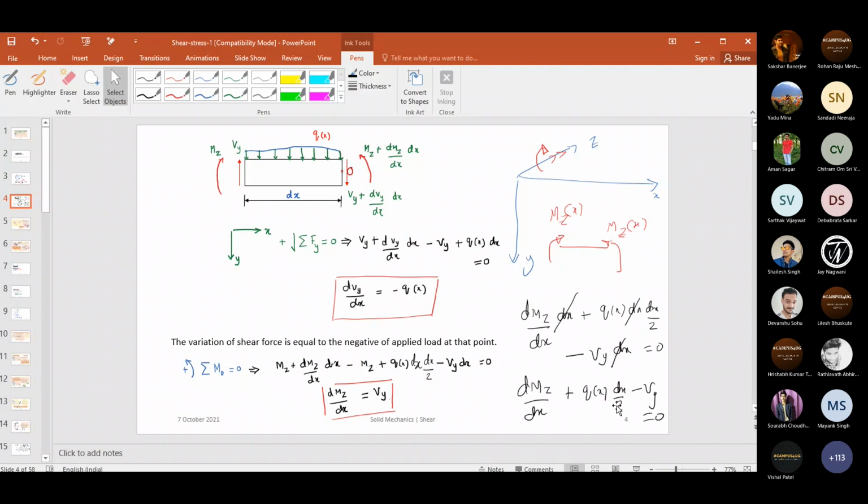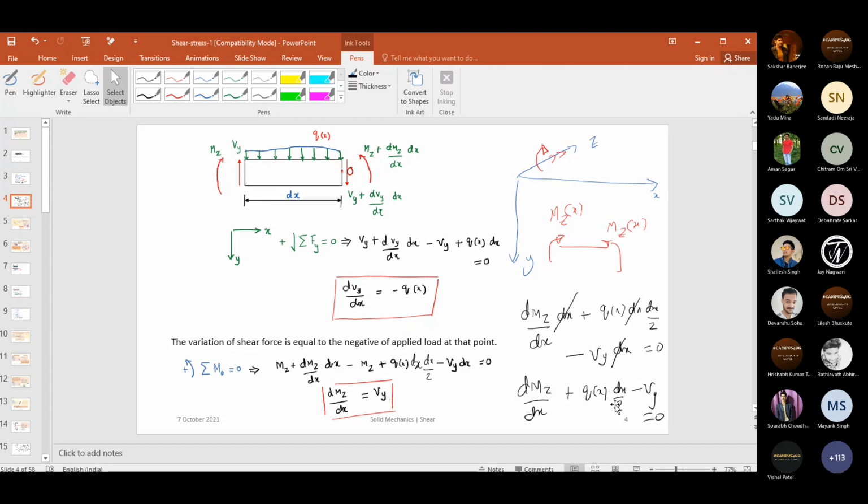We don't give a value to dx; dx means it is a very small value. Now qx into dx, as the limit dx tends to 0, this will vanish. So that's why it is neglected.